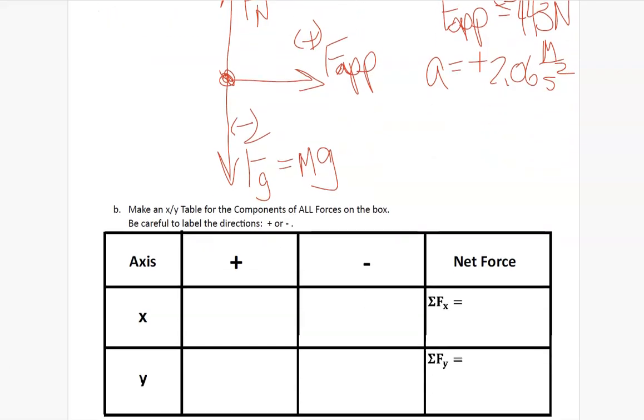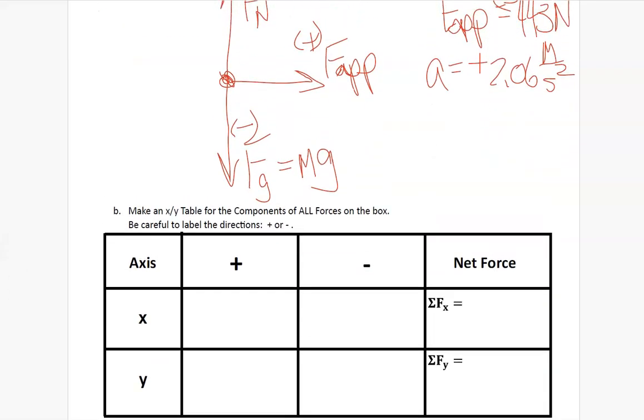So the next part of this problem is to fill in a table. We fill in our XY table as always. What values do we know? We know for sure there's an applied force in the positive horizontal direction. We know for sure this thing has weight, which we'll put in the negative vertical direction.